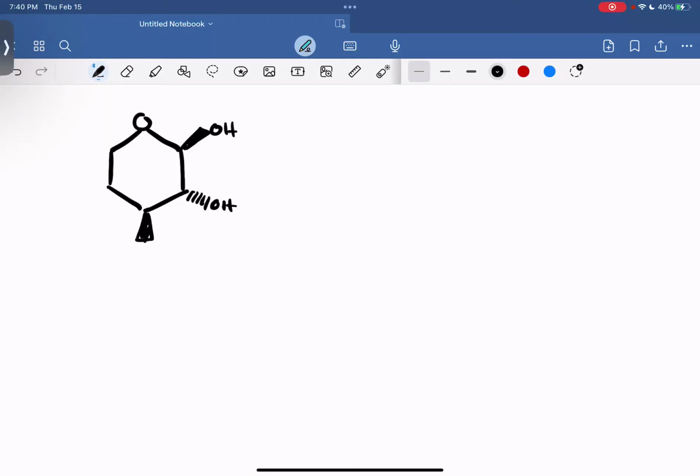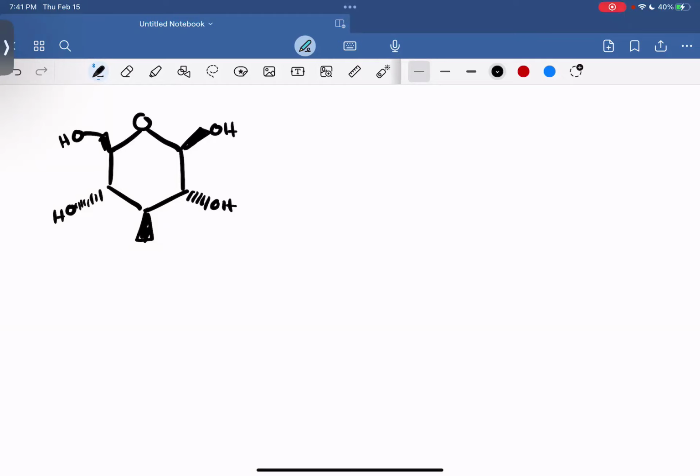And this is a way that you've probably seen it in other classes, and it's appropriate in some situations, but we actually have a different way to draw it in this class that helps us work with it a little bit better, and it's actually a better representation of how it looks.